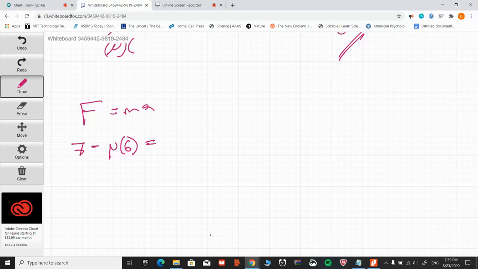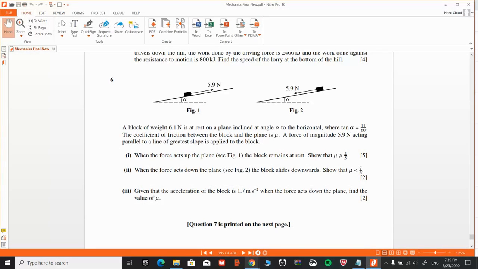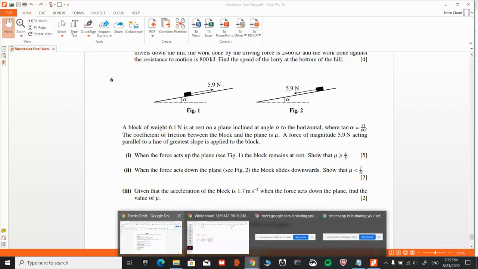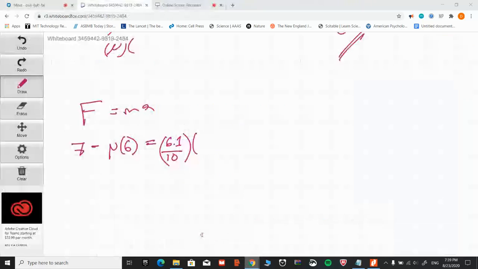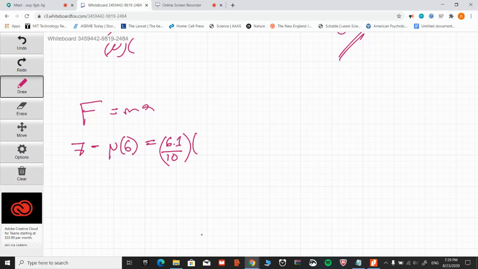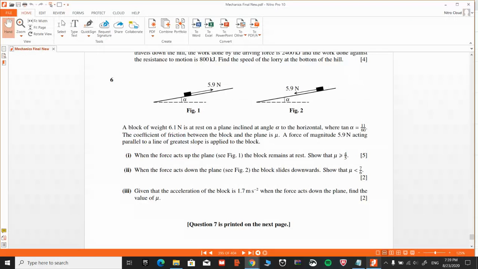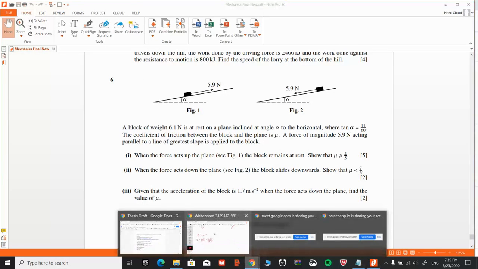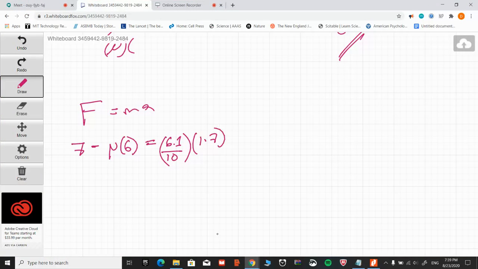The mass was 6.1, since the weight was 6.1, so the mass is 6.1 by 10, into the acceleration. The acceleration was 1.7. So I'm going to put 1.7 here and make mu the subject, and that should give me some value. And that should give me the answer.